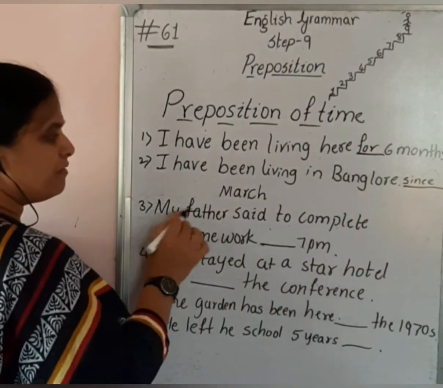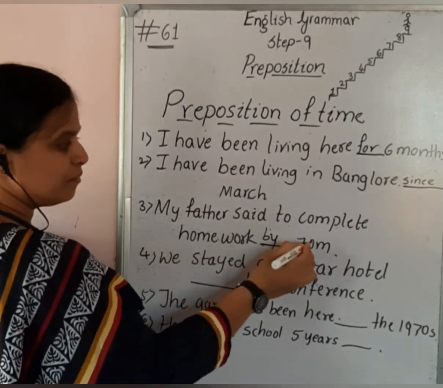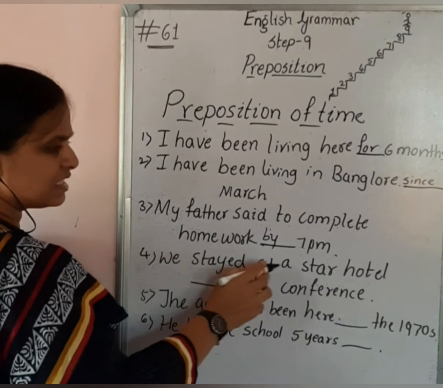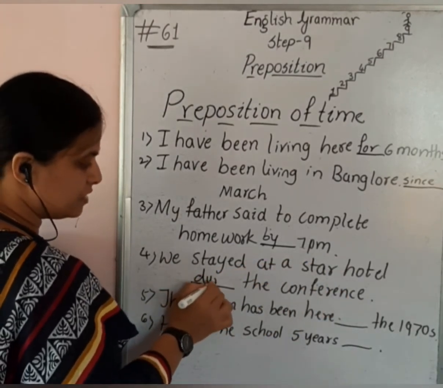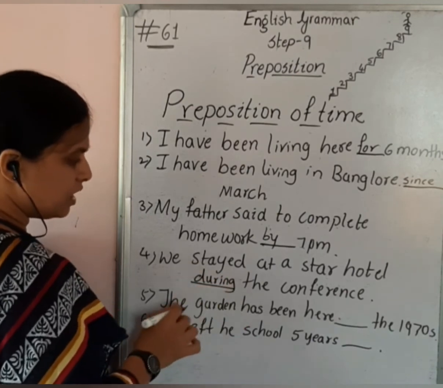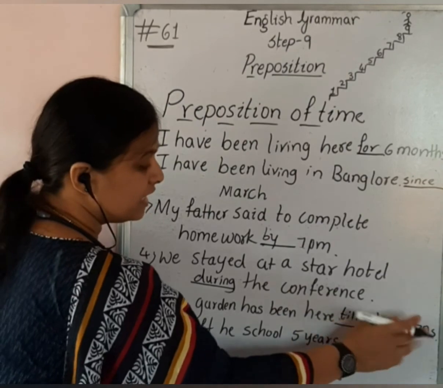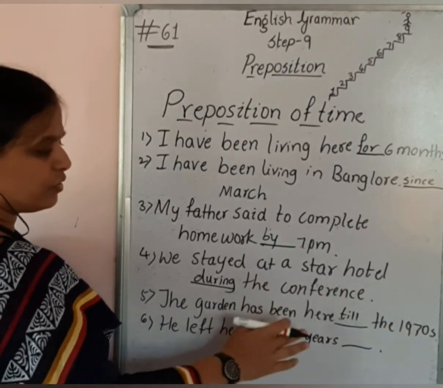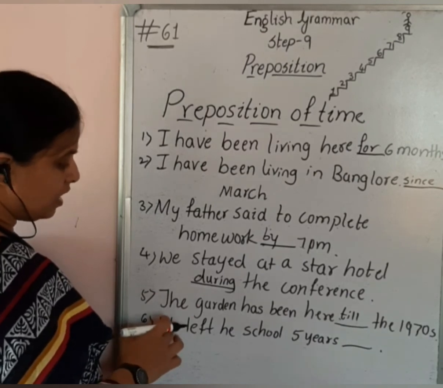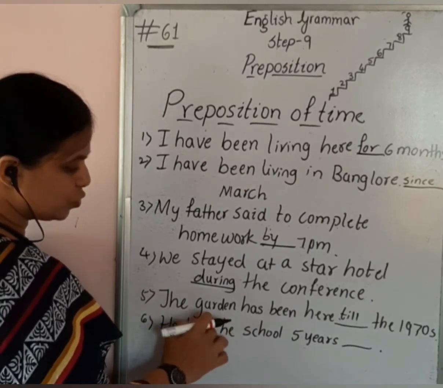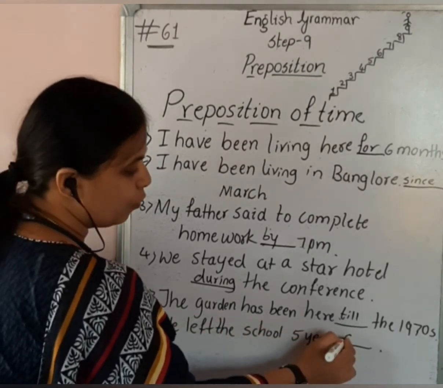The next, my father said to complete homework by 7 p.m. We stayed at a star hotel during the conference. The garden has been here till the 1970s, or you can use until also. The next last one, he left the school 5 years ago.